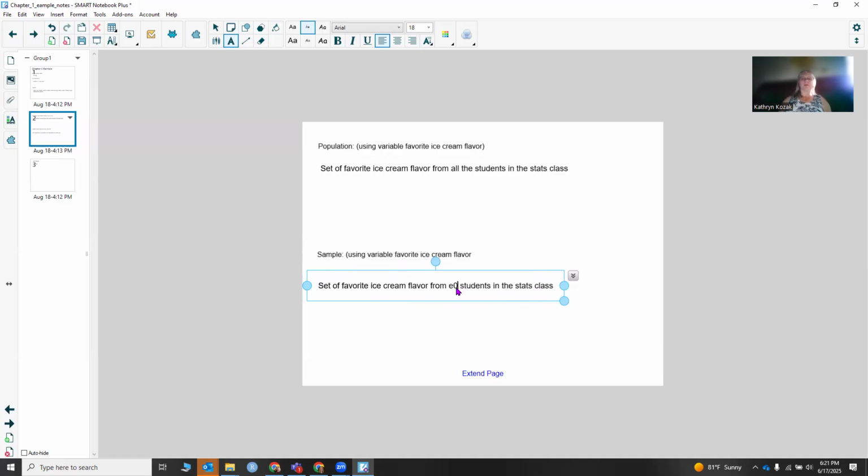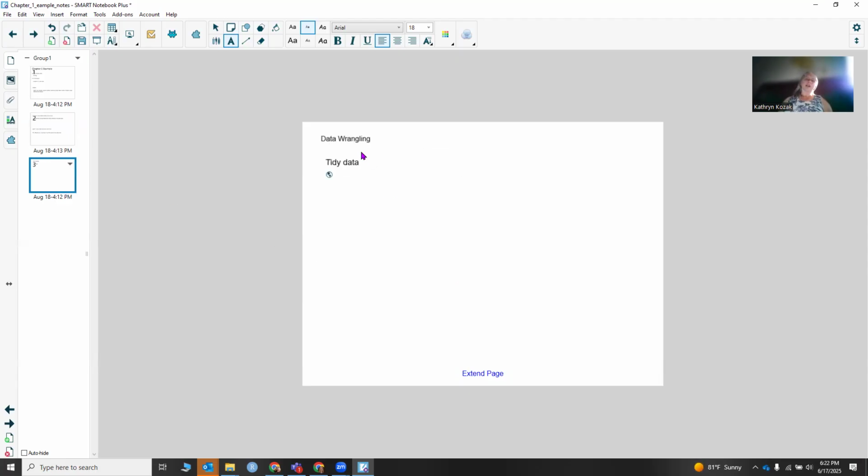Sometimes I have 30, depending on my class. Now, I may collect this over several semesters, so I may have more than 30 in my actual data set in the end, but 30 would be what I'm going to collect every semester. And again, I'm telling my reader what variable in this giant data set I'm interested in, how many I measured it from, which is only 30 instead of all of them, and who I measured from.